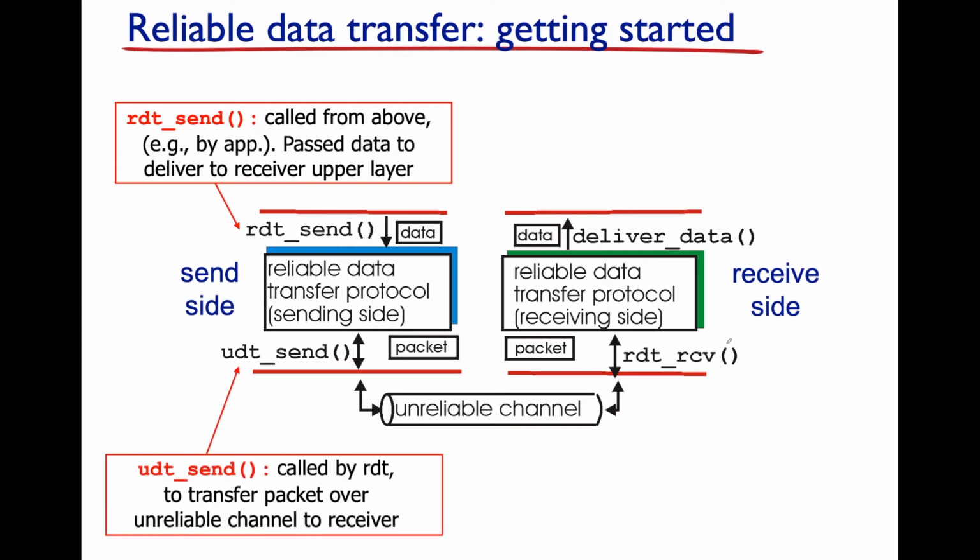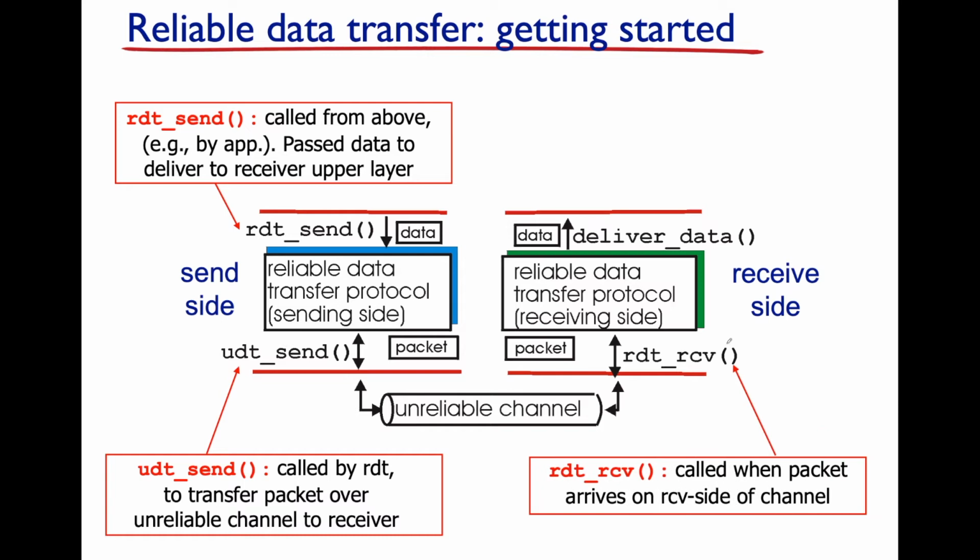And so we also have UDT send from below. This is called by the reliable data transport runtime, or implementation, on the sender side, and it's used to transfer a packet over this unreliable channel upon which the transport layer sits, namely the network layer. Likewise, we have RDT receive, which is called when a packet arrives on the receiver side transport layer in this end-to-end communication.